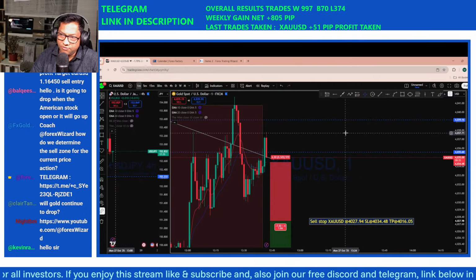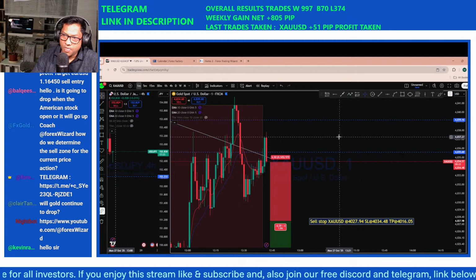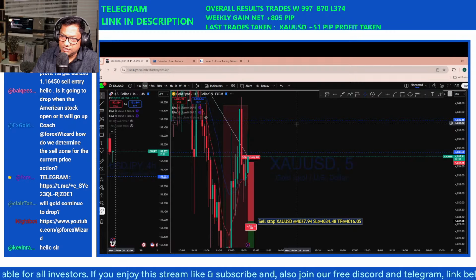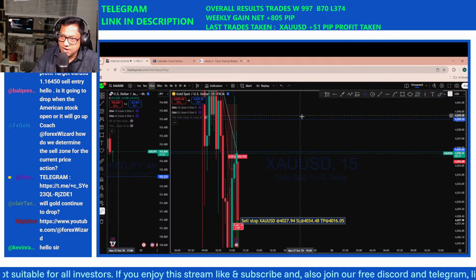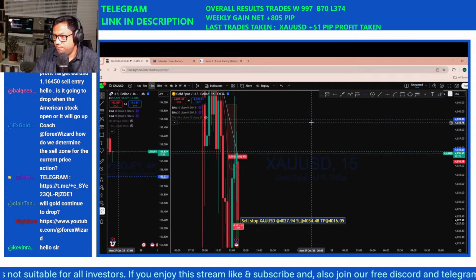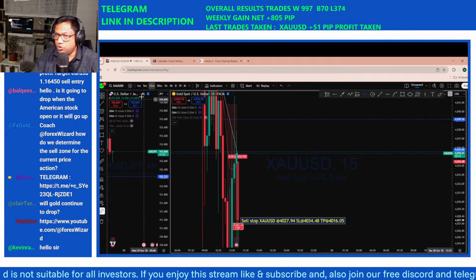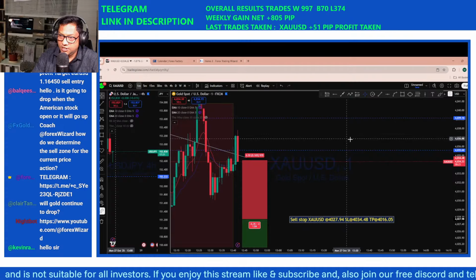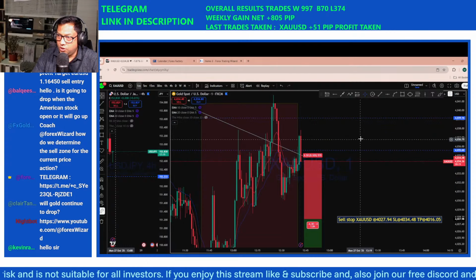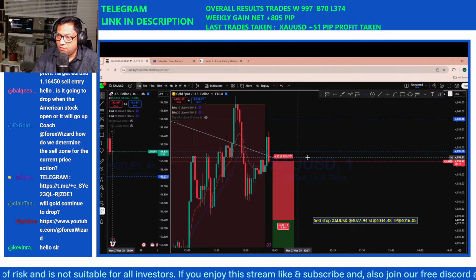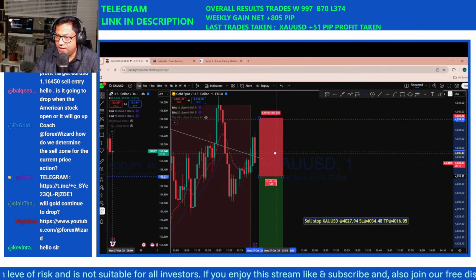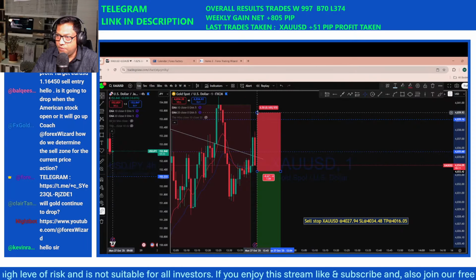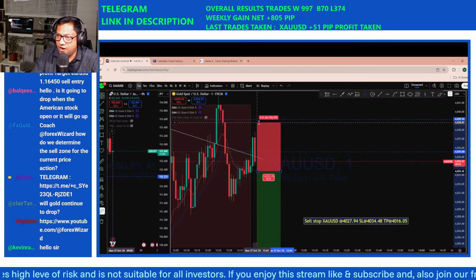Okay, getting that rejection after this high. If you look, the price has tested that high and is getting the rejection back below here in that market, so that could be something the market could reject again here. So with this one red candle on the 1 minute chart in this market, I'm going to open a sell by market, keeping stop loss above this high.